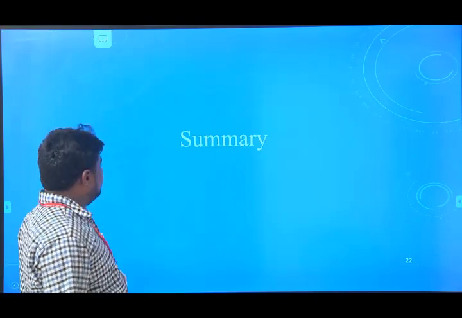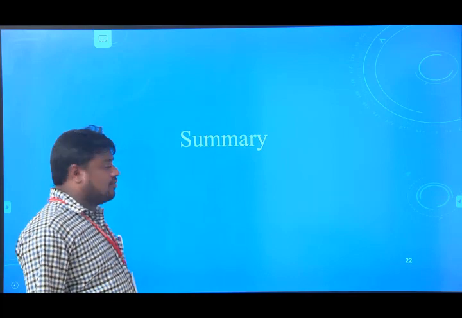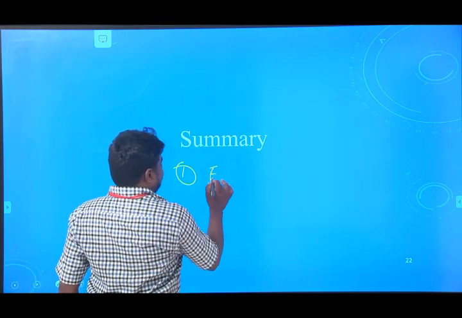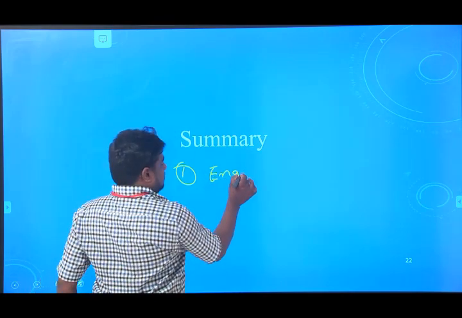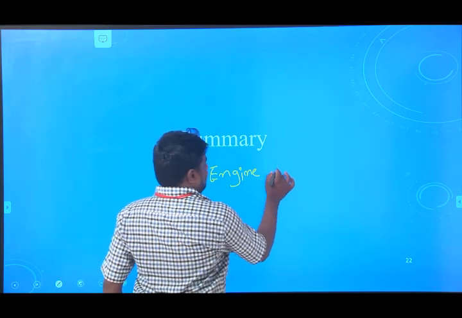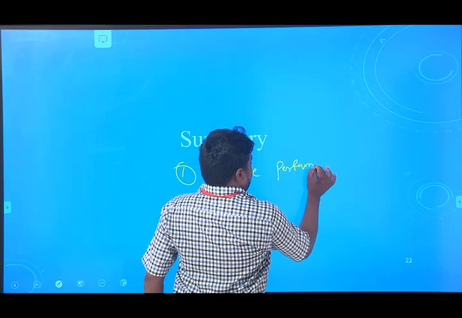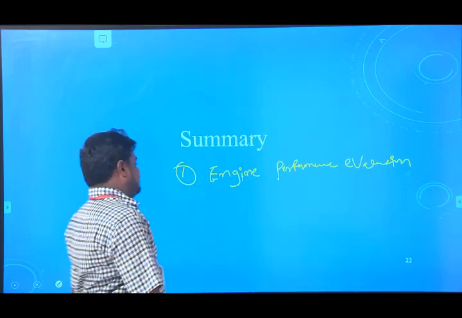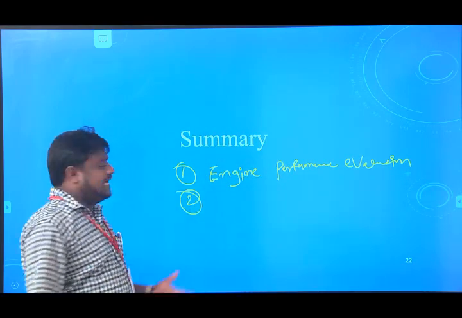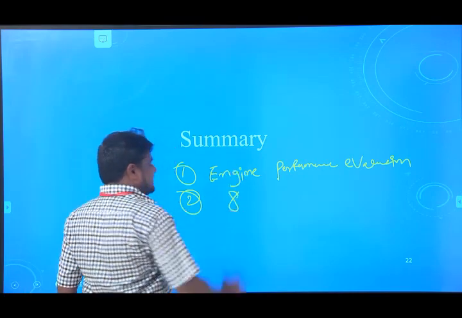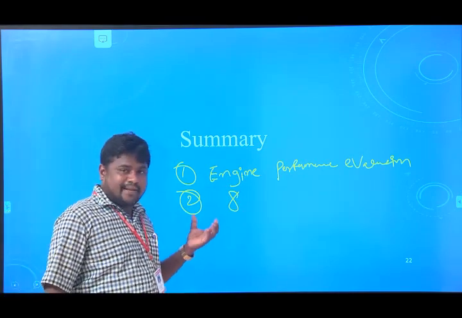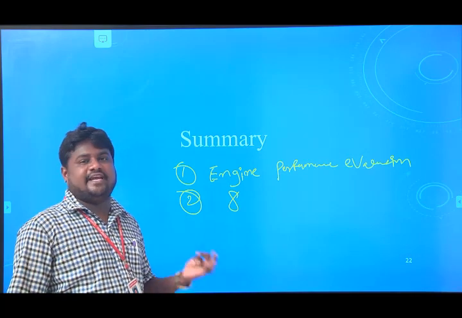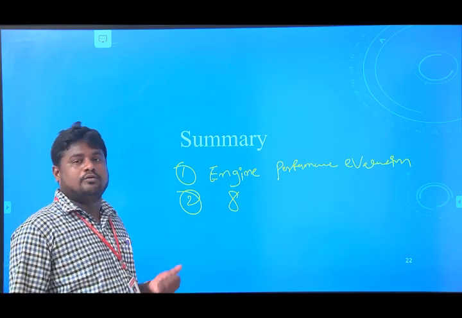And finally, the summary of what we have discussed in today's class is engine performance evaluation. Here there are parameters: power and mechanical efficiency, air fuel ratio, volumetric efficiency, specific weight and specific output.